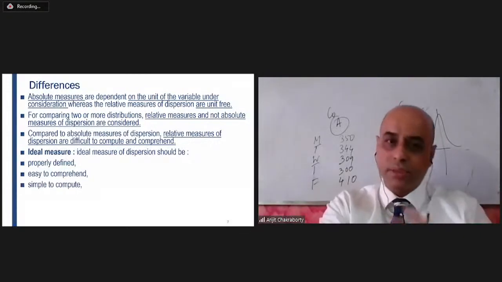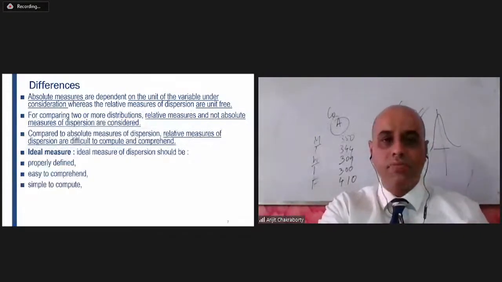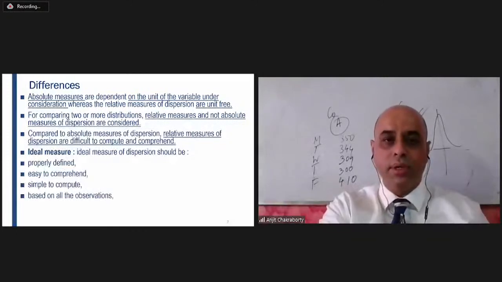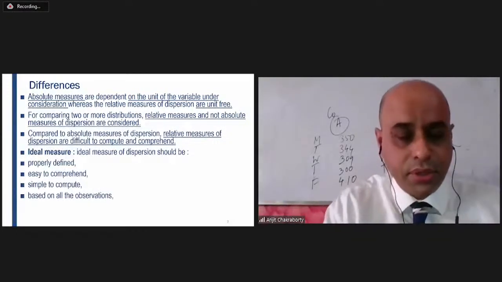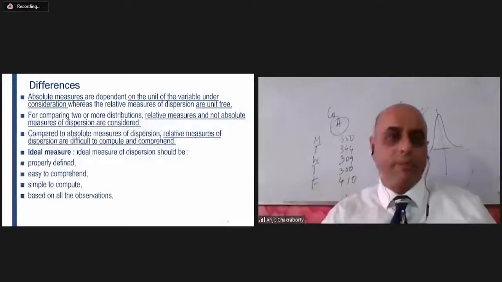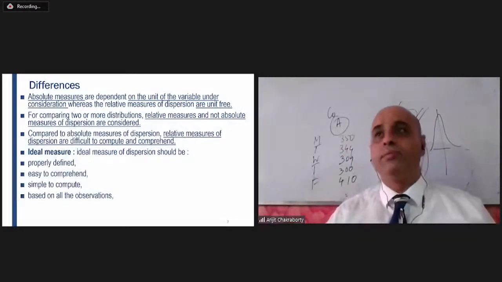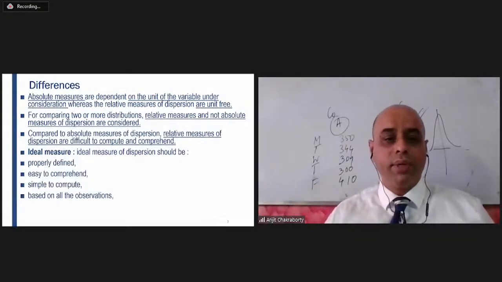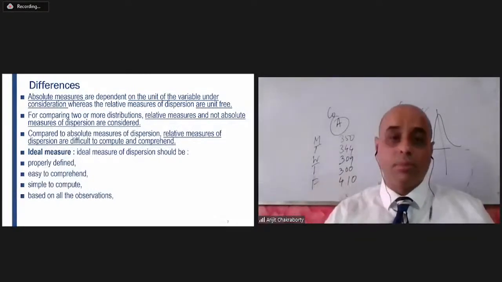Simple to compute, yes, range, even mean deviation is easy to compute, and it is based on all observations. So when we calculate standard deviation or mean deviation, it will be based on almost all the observations.